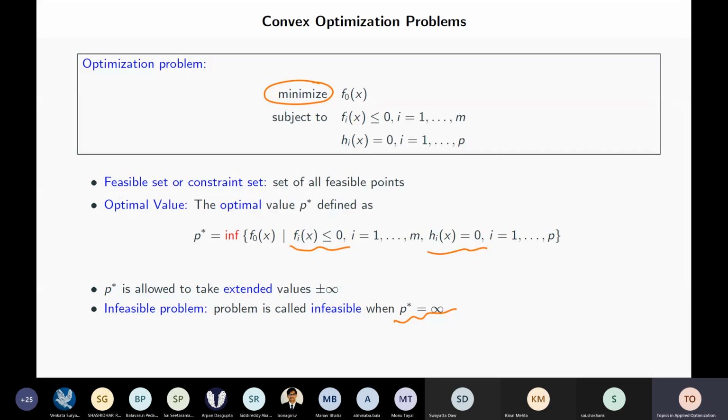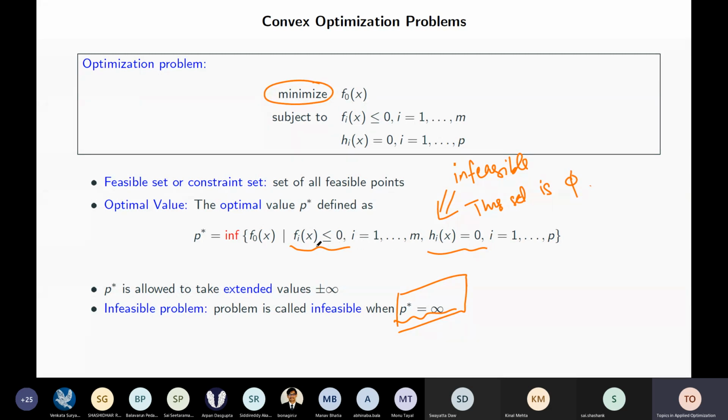So if the problem is infeasible, then this second point takes care of that, because of the infimum of an empty set. Infeasible implies this set is empty. Infeasible means that there was not a single x that could satisfy this.